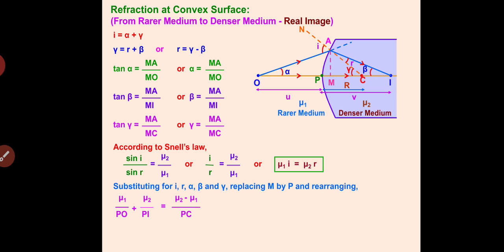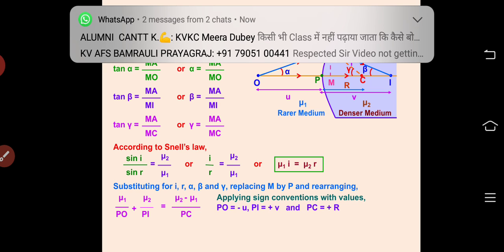Now using sign convention, PO can be written as minus u, PI as plus v, and PC as plus R, because distance PO is measured opposite to the direction of the incident ray, while distance PI is measured in the direction of the incident ray, and PC also in the direction of the incident ray.